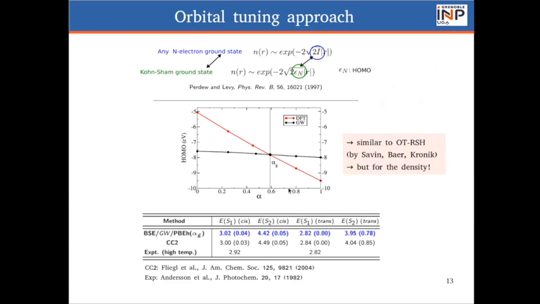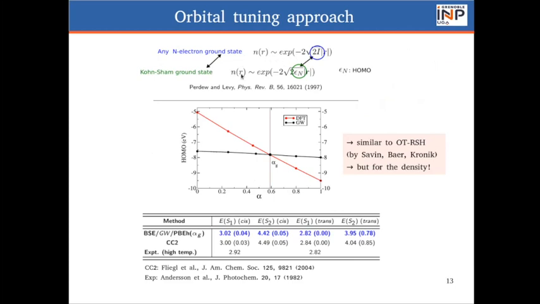So we worked with the ionization potential theorem. We posed that our HOMO equals the ionization potential, which we don't necessarily know, but we do know the GW eigenvalues, which are for us the best approximation to the ionization potential. And by doing so, we impose an exact condition on the density.